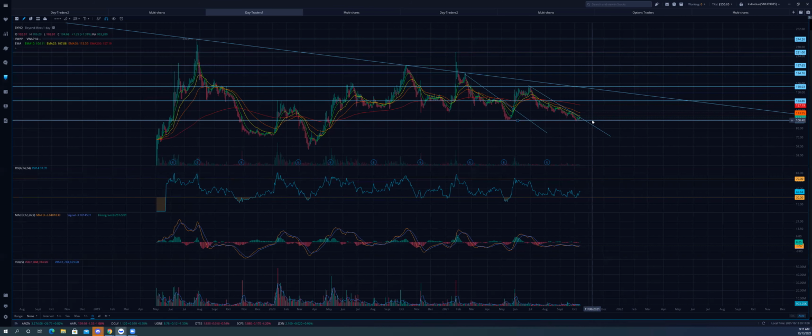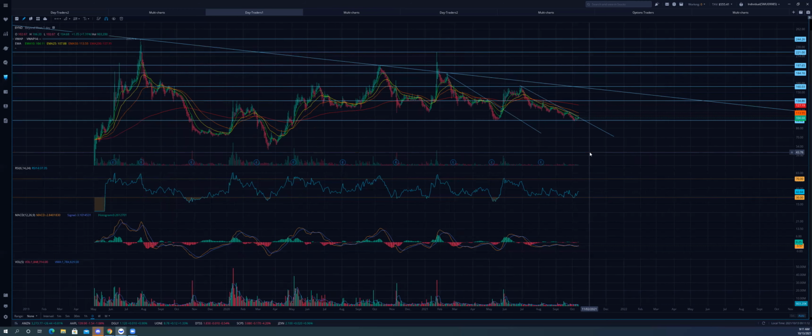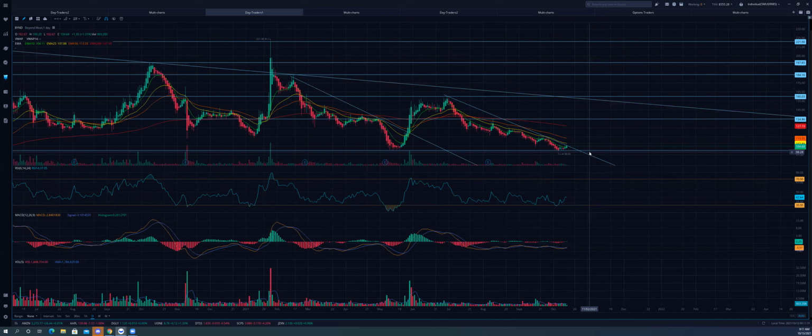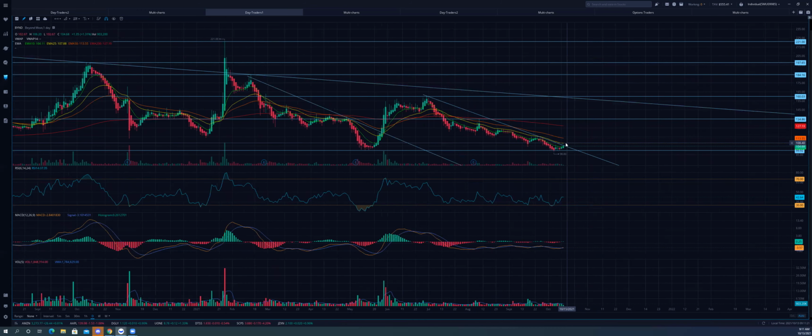No, it's at 120 something. So it could be like 130 to break it. You mean to keep going down? No, just to go up. To go up. 120, 127.5 is where I would look for it.